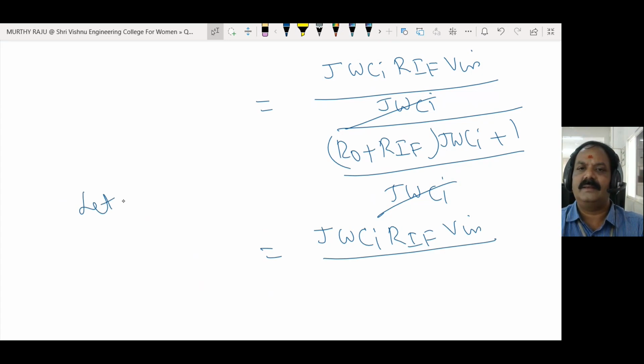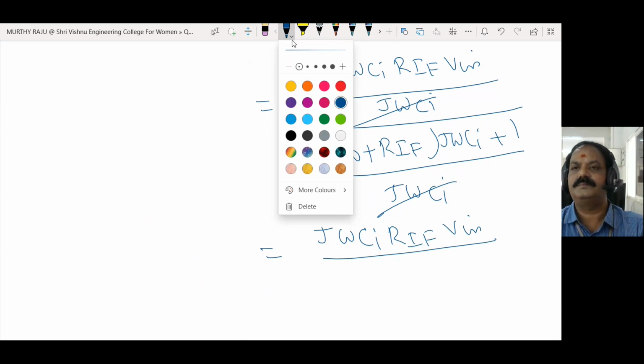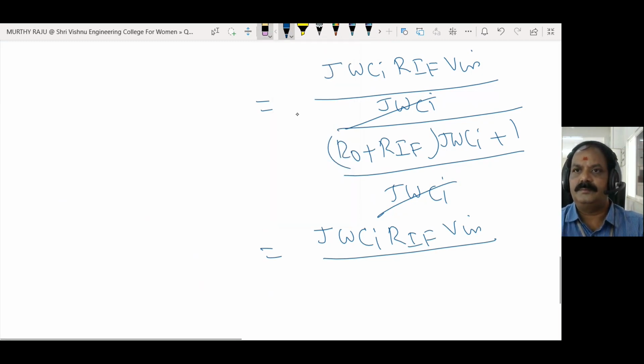Let FL be equal to 1 by 2 pi CA times R0 plus RIF. Here omega is replaced with 2 pi f.